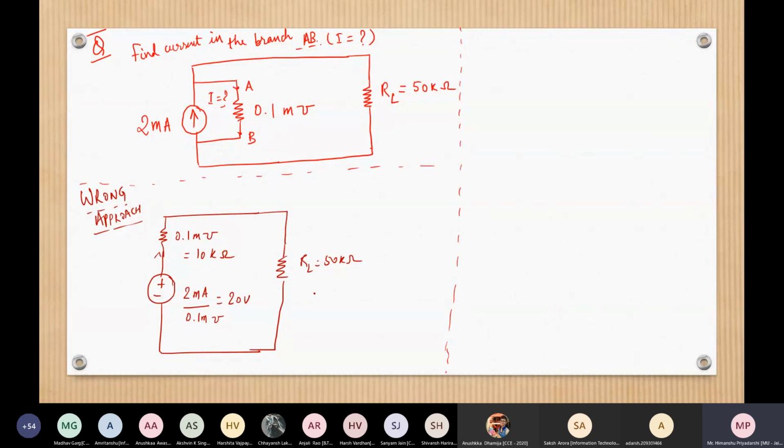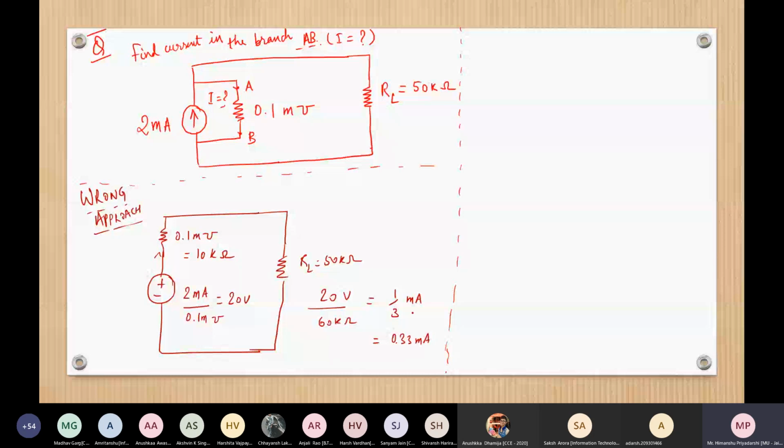So the answer you get is 20 upon 60 kilo ohm, 1 by 3 milliampere, 0.33 milliampere.